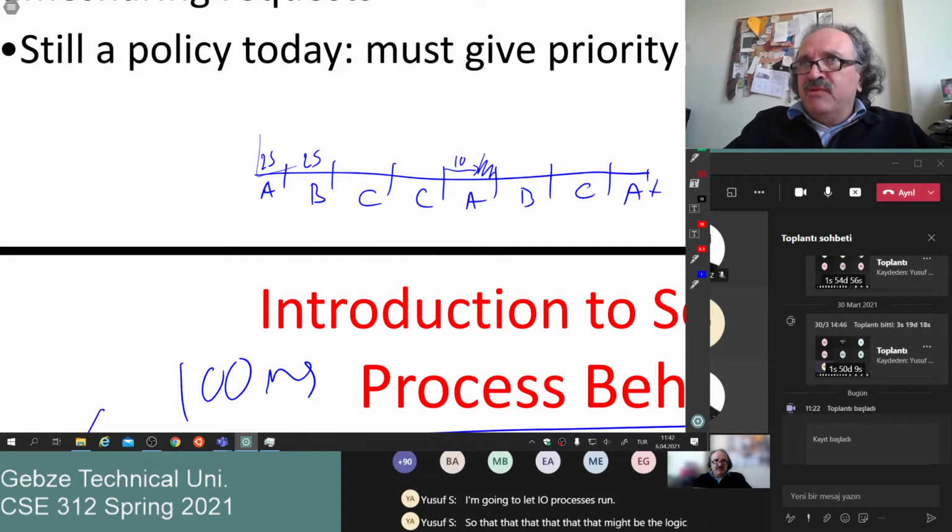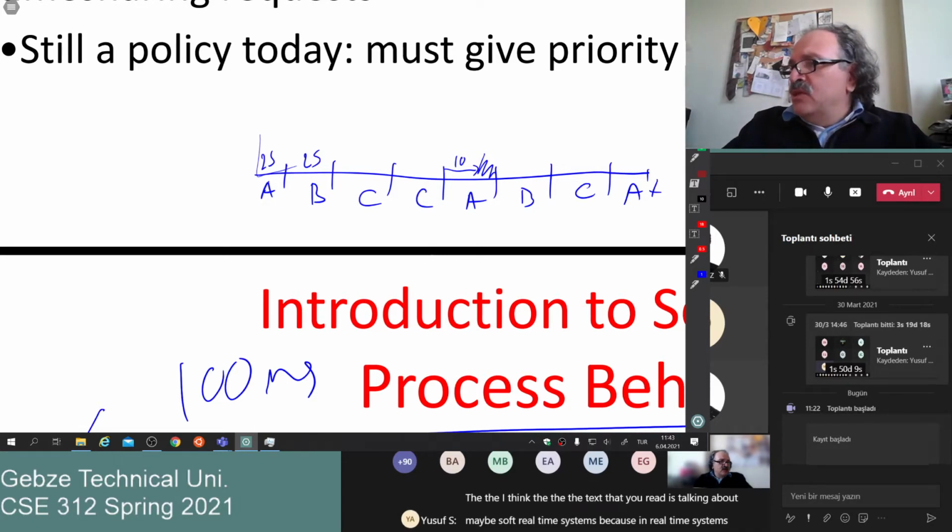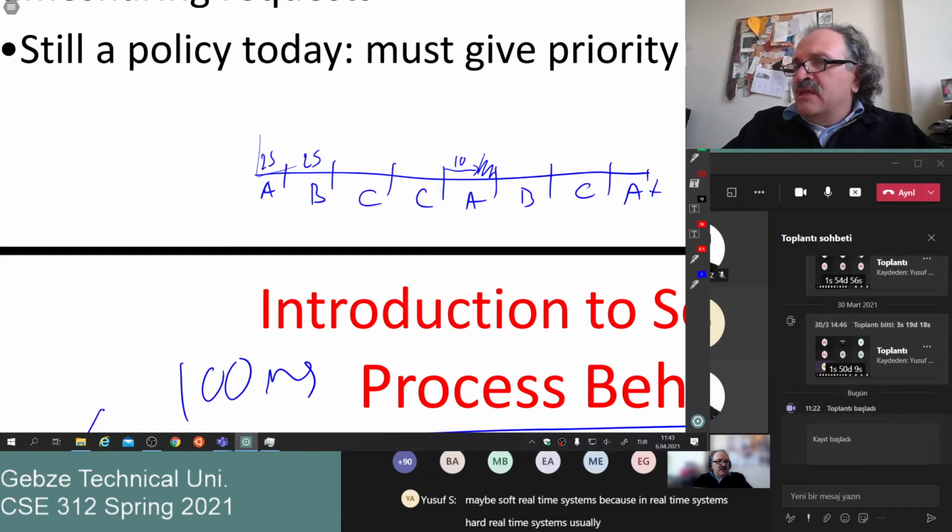But as I said before, I think the text that you read is talking about maybe soft real-time systems, because in hard real-time systems, usually there is no blocking because of I/O. Everything is ready when you are ready. And we will talk about real-time systems when the time comes.